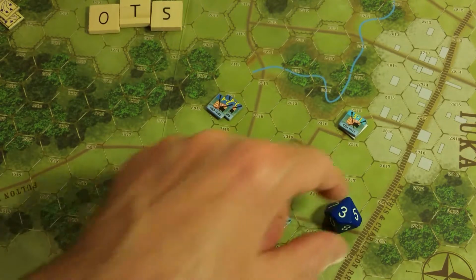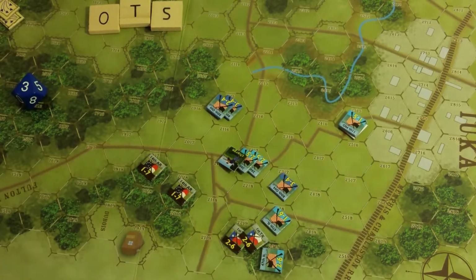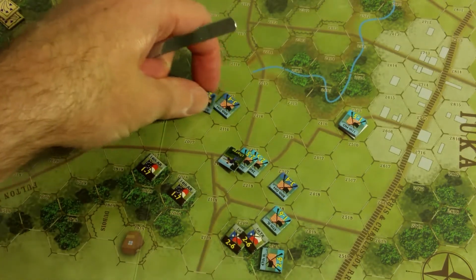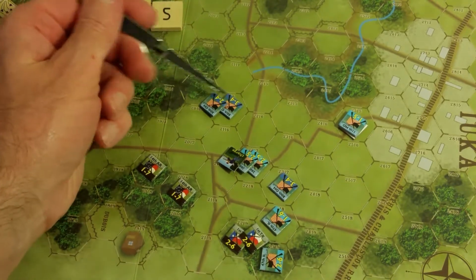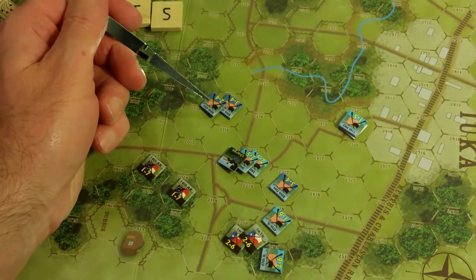Alright, so now, which one am I looking at? I'm looking at this one. Now I'm looking at the 3-4 underneath here in this stack of the 80th Ohio.